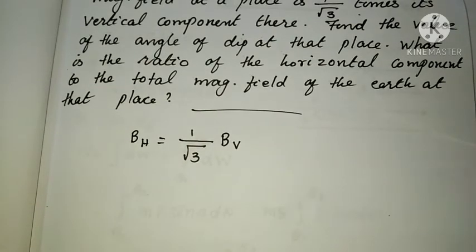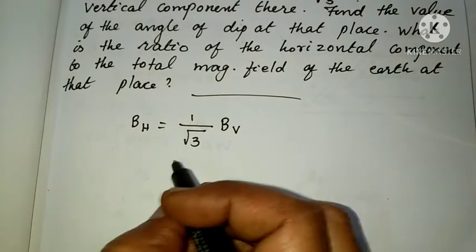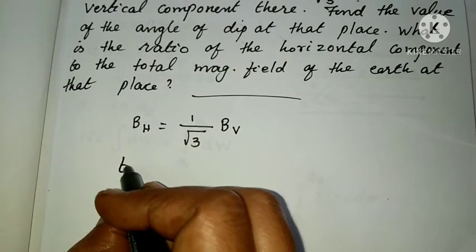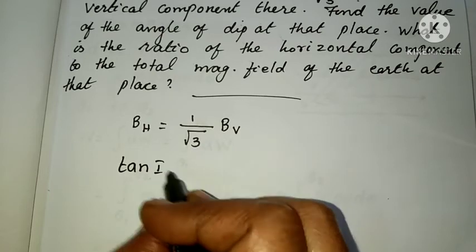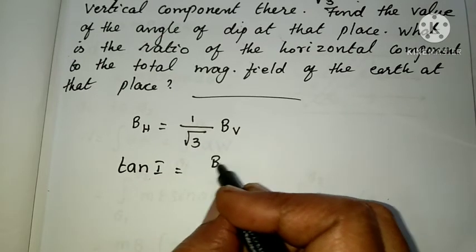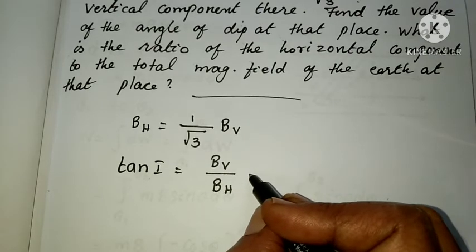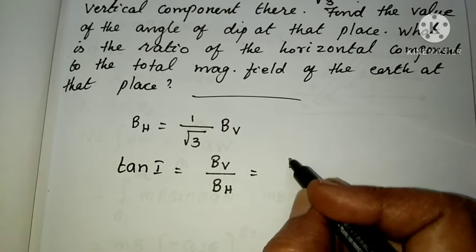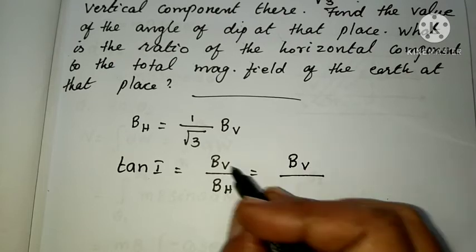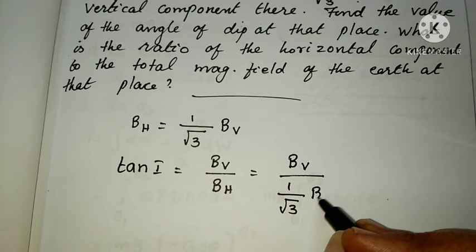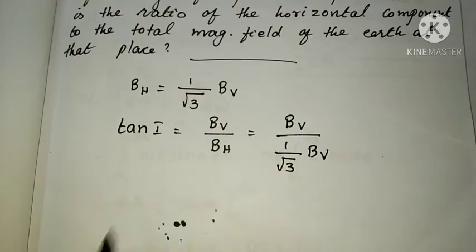Then, you know the relation between angle of dip, BV and BH, that is tan I equal to BV by BH, that is equal to BV divided by, what is BH? 1 by root 3 BV. So, BV and BV will cancel.